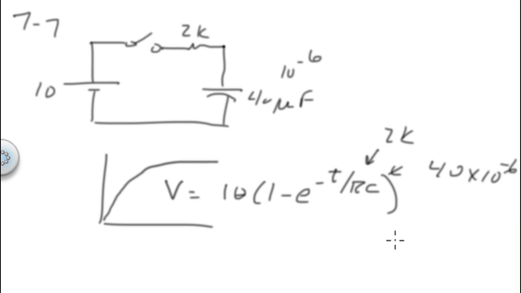So what would that be? 80 times 10 to the minus 3, or 80 milliseconds. Okay, tau is 80 milliseconds.